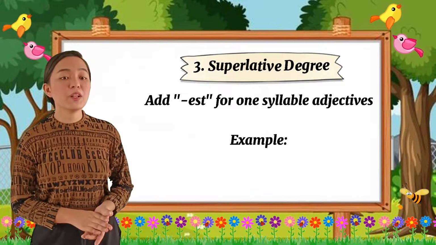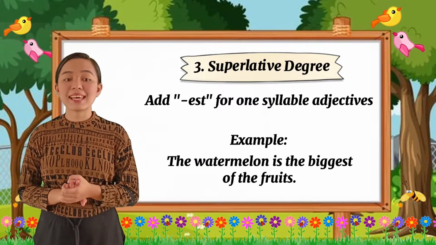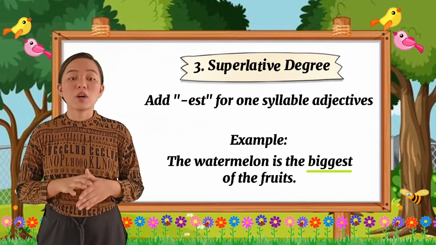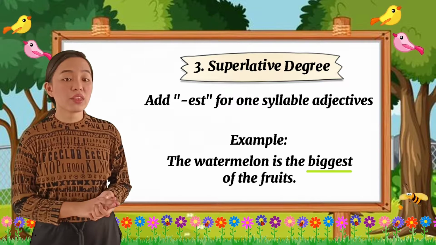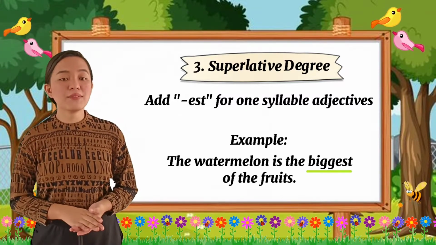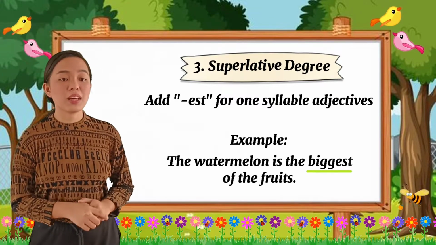So for example, the watermelon is the biggest of the fruits. In this sentence, the adjective biggest is used to describe or compare watermelon to the other fruits. So we added est to the adjective, and the word the is placed before the adjective.